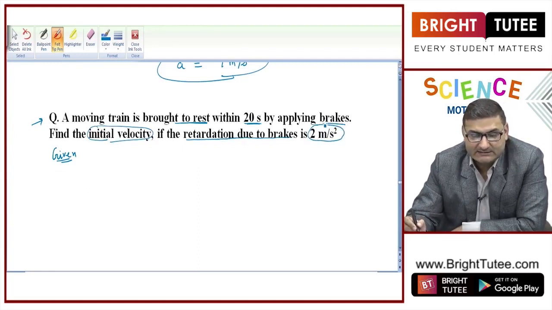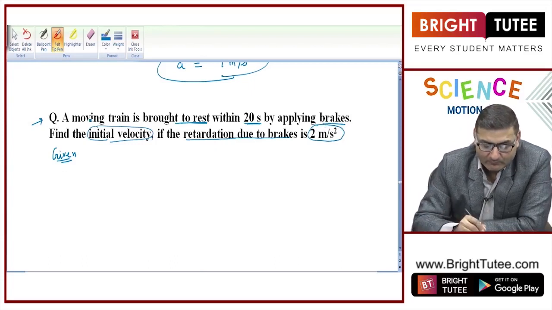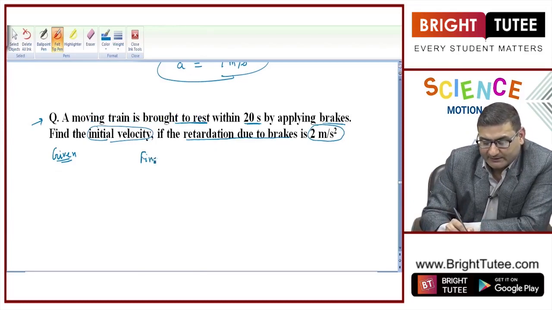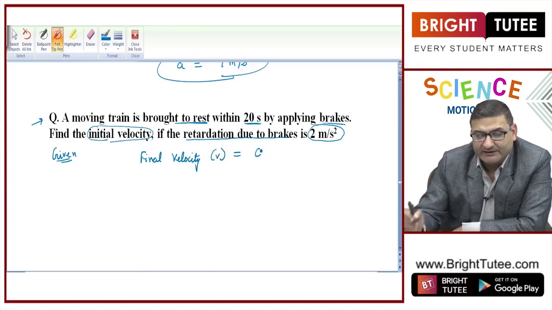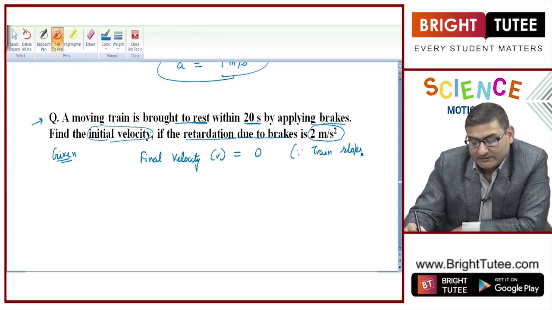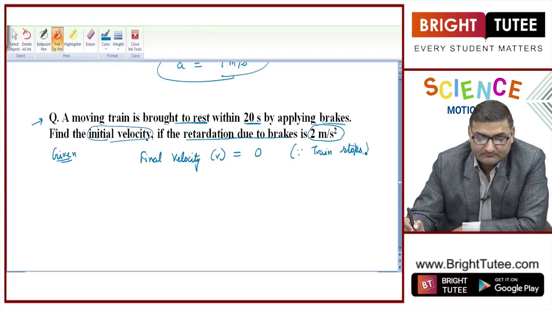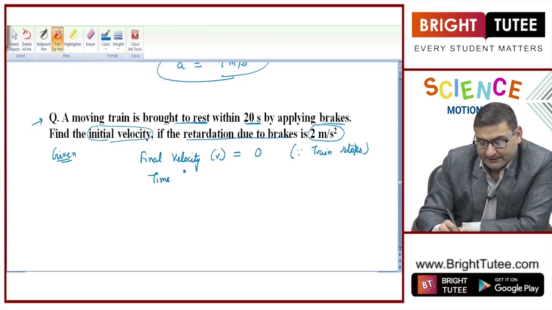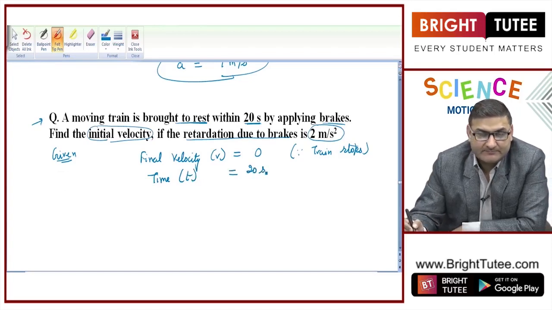Let us see what exactly is given to us. Firstly, a moving train is brought to rest. So, if a moving train is brought to rest, that means final velocity, represented by small v, we need to take as 0, because the train stops. Brought to rest means it is stopping, right, within 20 seconds. So, time, small t, is given to me as 20 seconds.